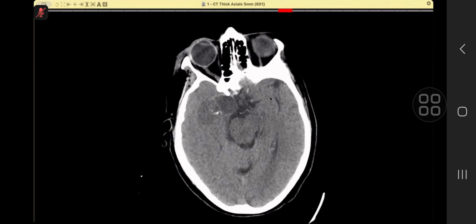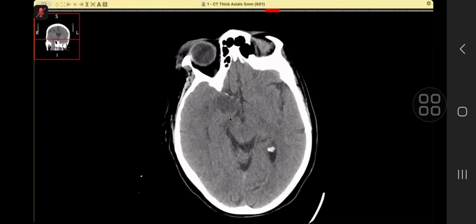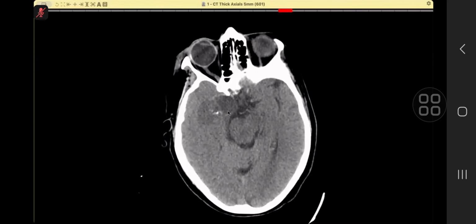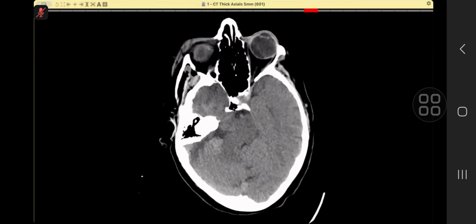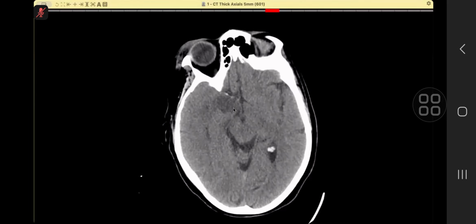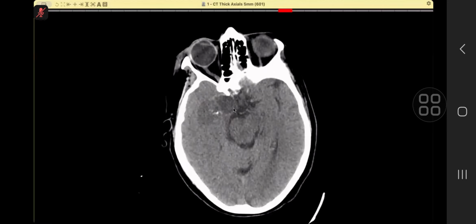Over to you. Okay, there is a solid cum cystic lesion involving the right temporal region. It shows internal foci of calcifications, and it is somewhat extending into the basal cistern.